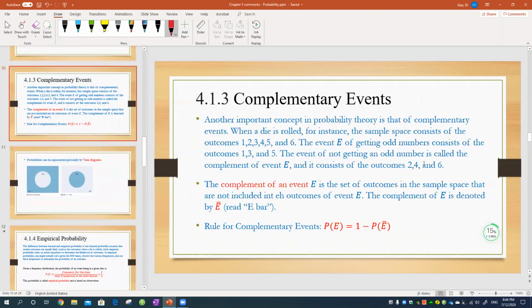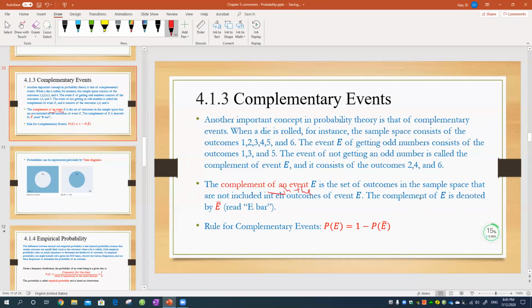And now let's look at part 3, complementary events. So complementary events, by the name, is just the other side. The complement of an event E is the set of outcomes in the sample space that are not included in the outcomes of event E. And the complement of E is denoted by E bar.